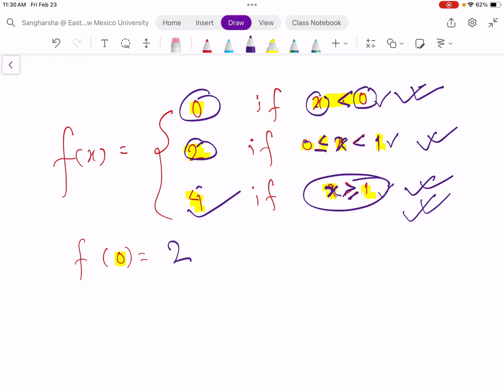Logan, f of square root of negative 1? Okay, that's true. Square root of negative 1 is an imaginary number, and we don't have a domain here, so that's undefined. That's good. Okay, Michael, what is f of 15 now? 4. That's good.